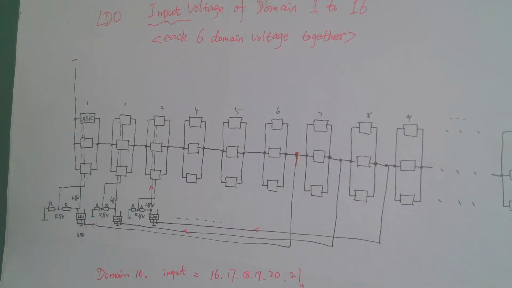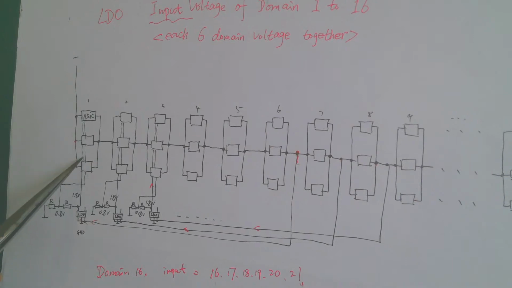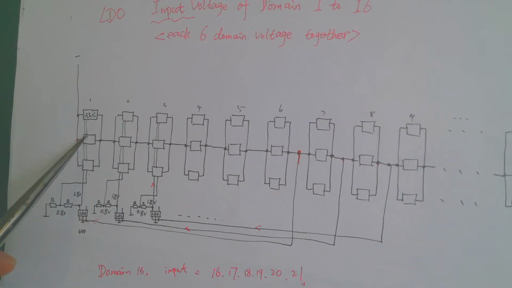Usually the LDO output is 1.8, and it goes to every ASIC in this domain.